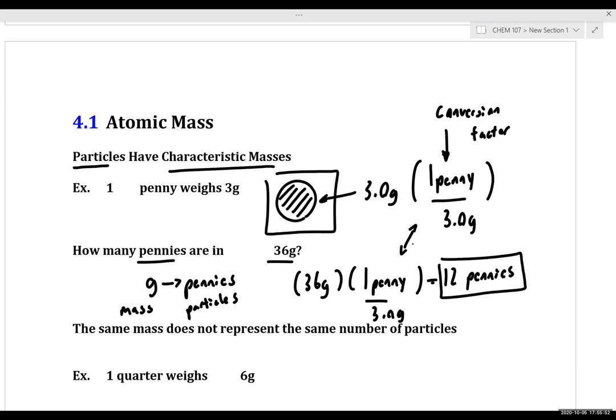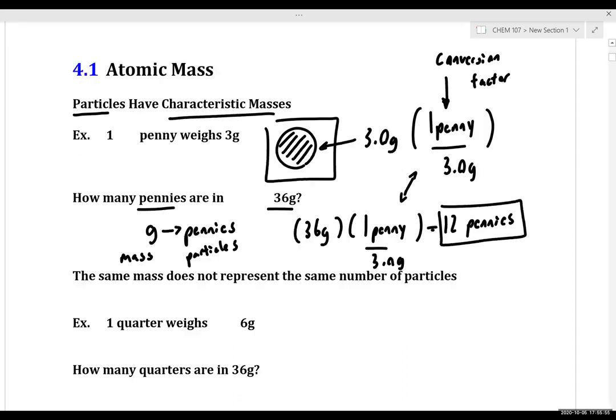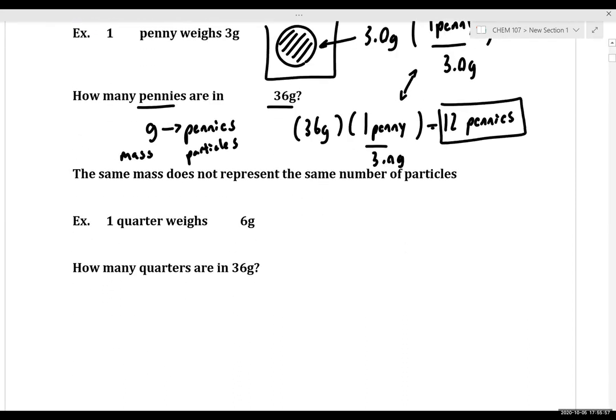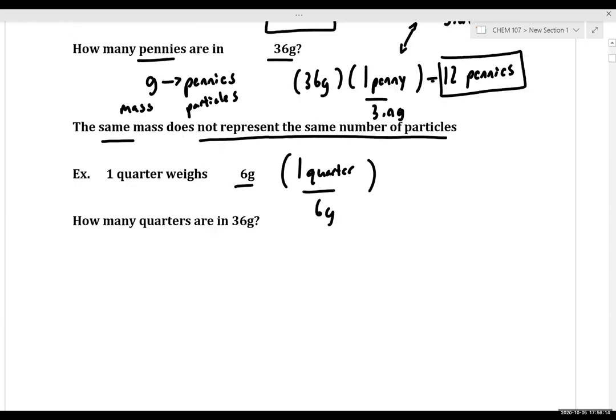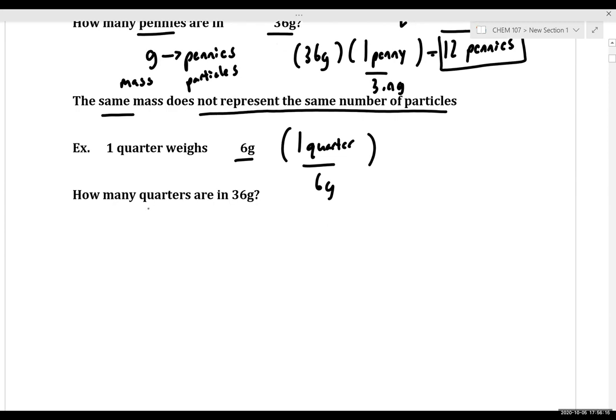Yes. Okay. Now, it's equally important to acknowledge that the same mass does not necessarily represent the same number of particles. So if a quarter weighs 6 grams, I know I have 1 quarter for every 6 grams of quarters, right? So then, if I wanted to calculate how many quarters are in 36 grams, would someone like to take a guess?